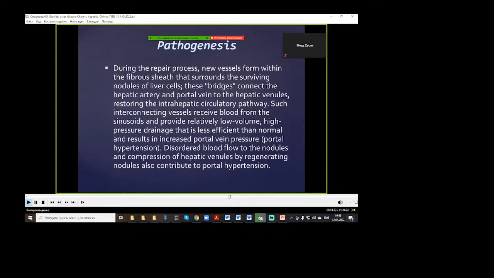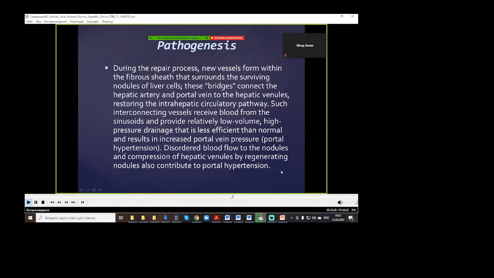These bridges connect the hepatic artery and portal vein to the hepatic veins, restoring the intrahepatic circulatory pathway. Such interconnecting vessels receive blood from the sinusoids and provide relatively low volume, high pressure drainage that is less efficient than normal and results in increased portal vein pressure, portal hypertension development.